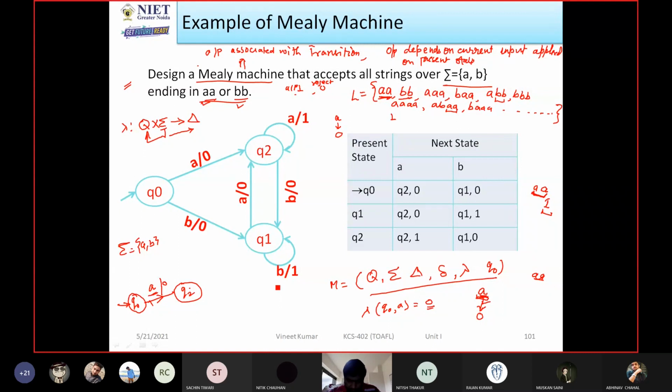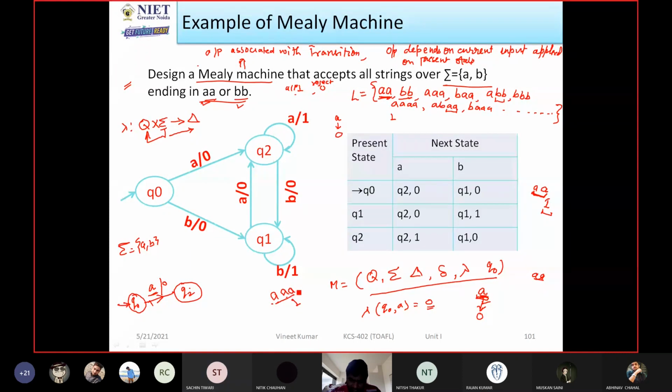Now at this level you got A from initial to this. Now again A is there. Then in this case the string must be accepted, because the output must be what? 1.